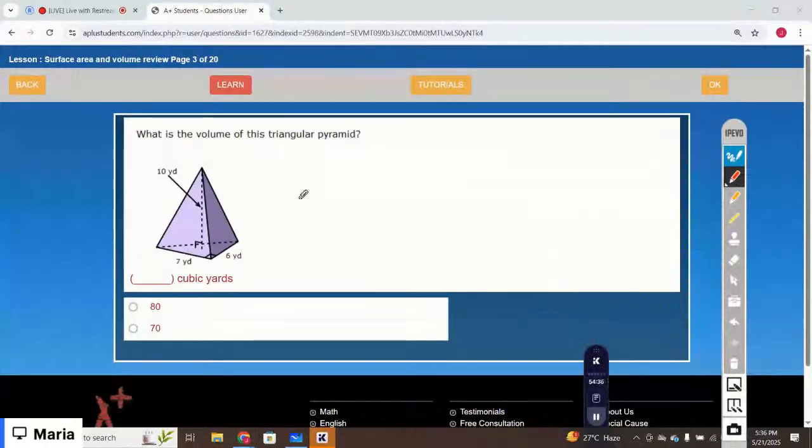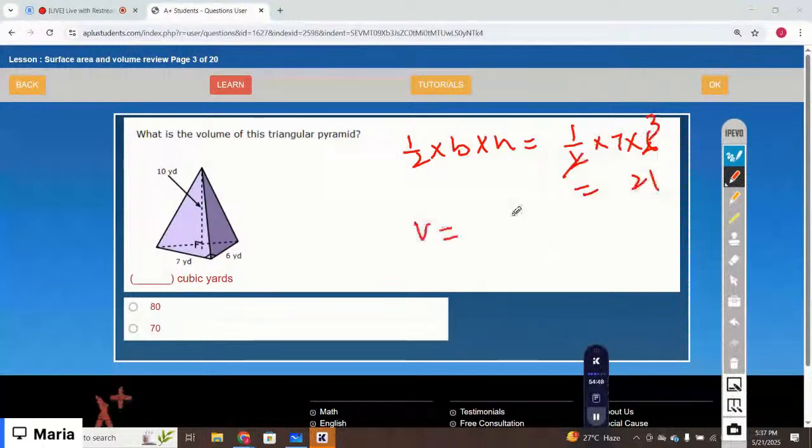Calculate the area of the base, right? That is half times base times height because that is the triangular base. So 2 times 3 is 6, that is 21. So now the volume of the pyramid is V equals 1 by 3 times the area of base times height.